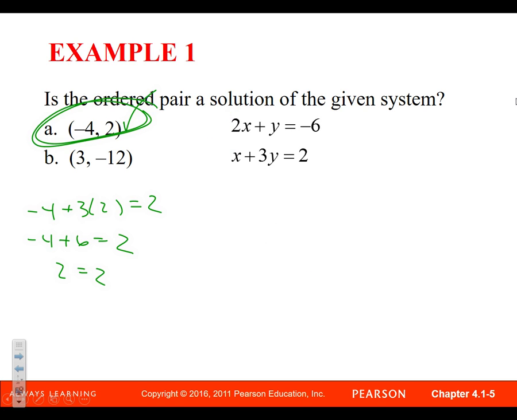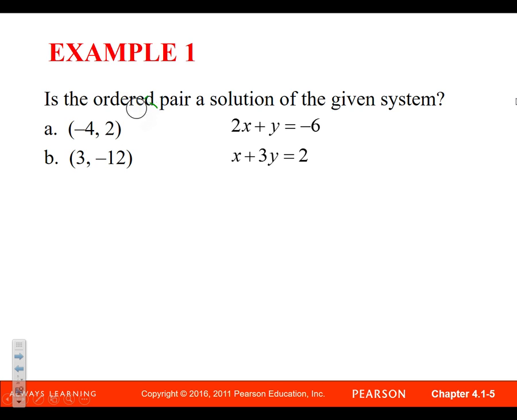Go and check it real quick. 3. 4. Oh, it works. Huh. So does the other one work?